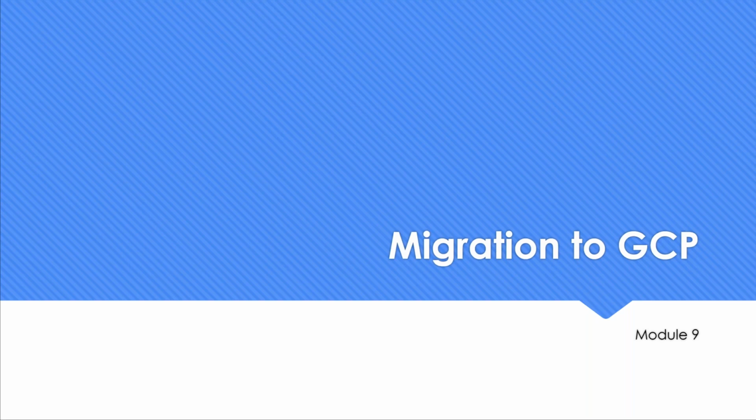So this module is like our stepping stone. Now we have learned how to build various architectures. Now we'll talk about how we can migrate stuff from on-prem to GCP, from other clouds to GCP, and what people usually do when they are migrating. That's what we are going to see here.